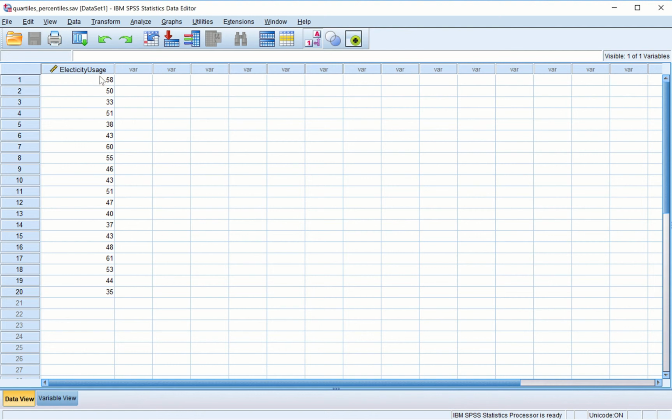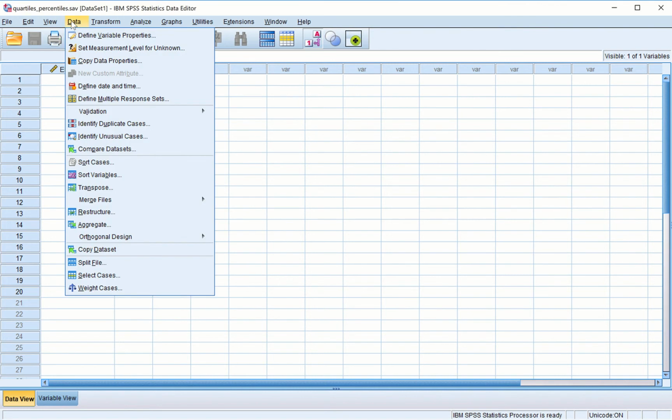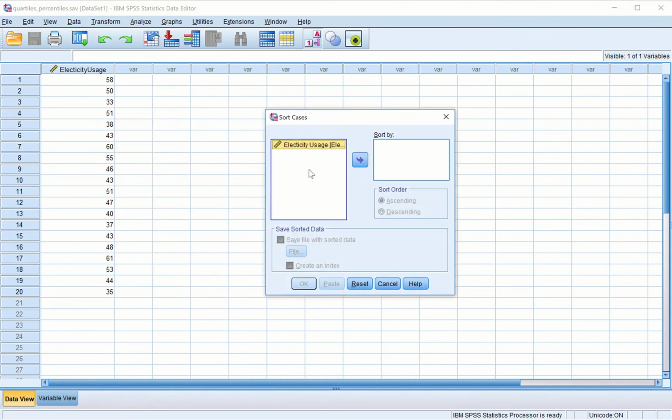But we can see here that the data is not sorted. It is not ordered, or we can say arranged in ascending or descending order. So first of all, we have to arrange the data. To sort the data, we go into Data, Sort Cases.